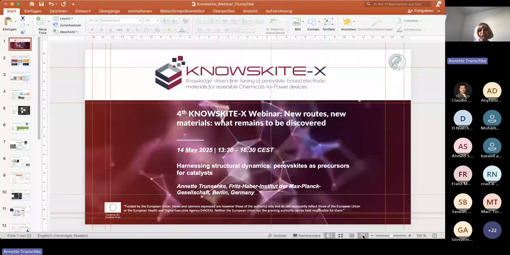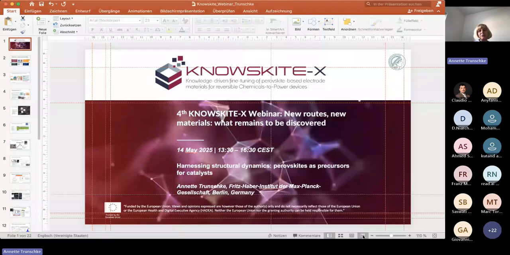There are only a few examples of such a process in the chemical industry. For example, the selective oxidation of butane to maleic anhydride. This is a commercialized process.